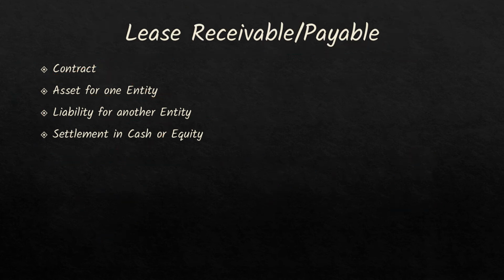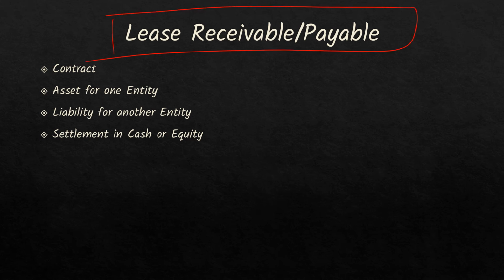Let's see. Lease receivable or lease payable. You have given your building on lease and you're yet to get your lease amount, lease payments, rent, you can say. So, do we have any contract?